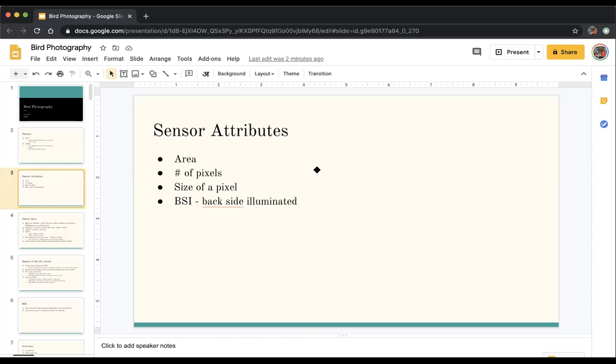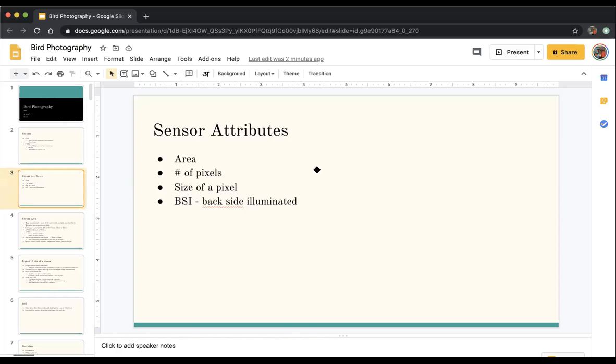So what are the things about the sensor that matter, and why do we care about it so much? A few things, and they're related: the area of the sensor, the number of pixels, and the size of a pixel. So obviously, given the area of the sensor and the total number of pixels, if you divide the area by the number of pixels, you get the size of the pixel.